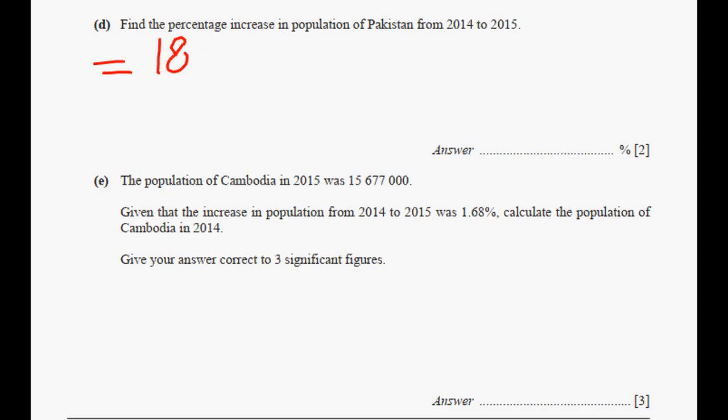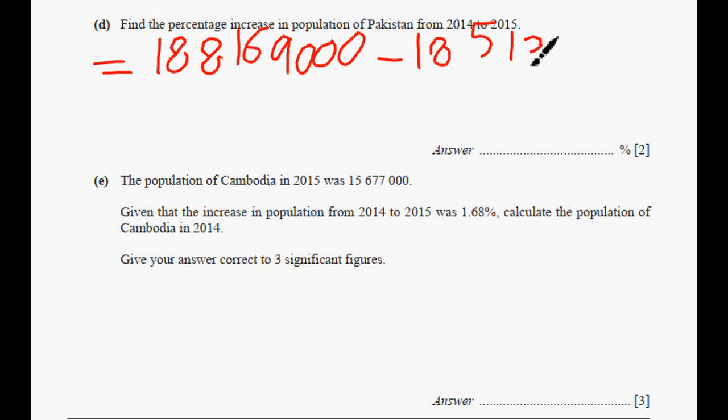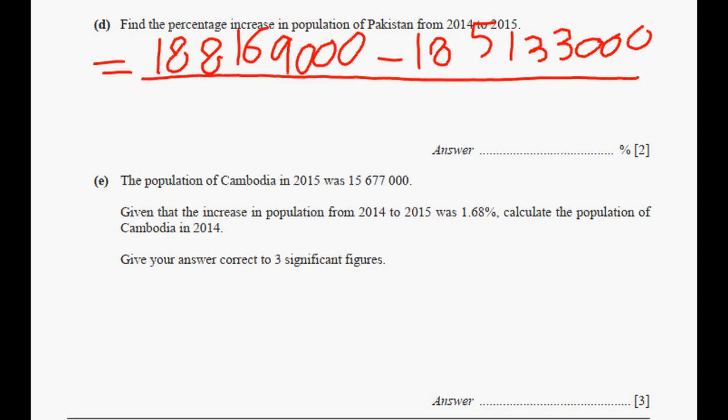So the percentage increase will be, what is the increased value? The population in 2015 is 188,169,000, and the population in 2014 is 185,133,000. I hope I haven't missed a number, please recheck.